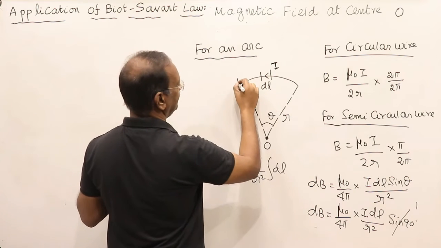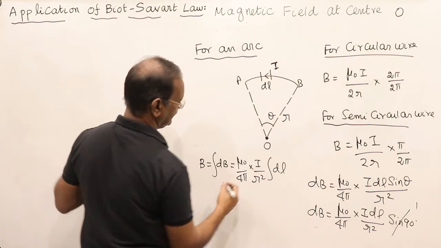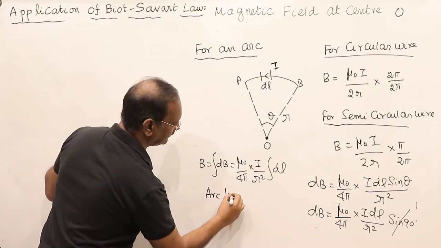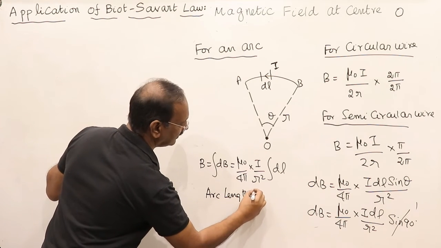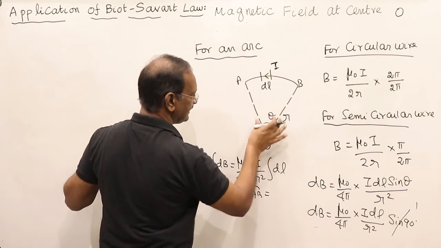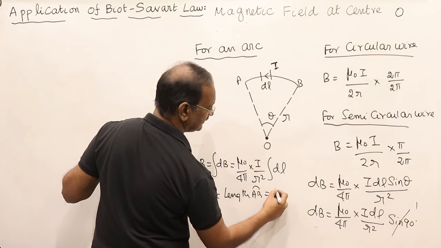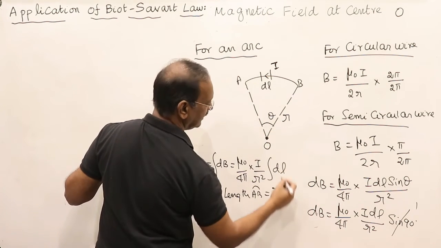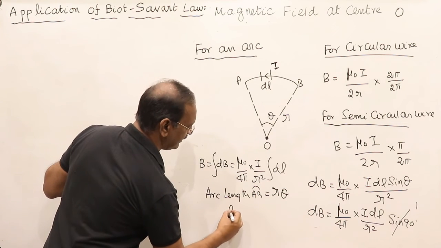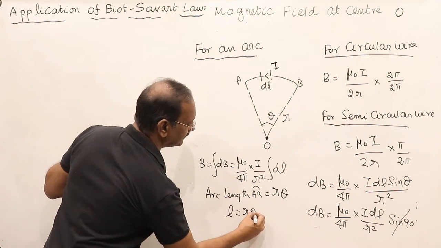Suppose we call it AB. The arc length AB is equal to radius into angle subtended at the center, that is L is equal to R into theta.